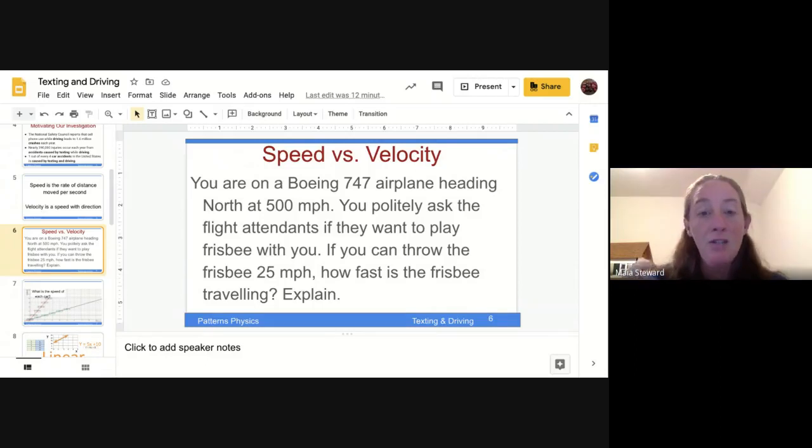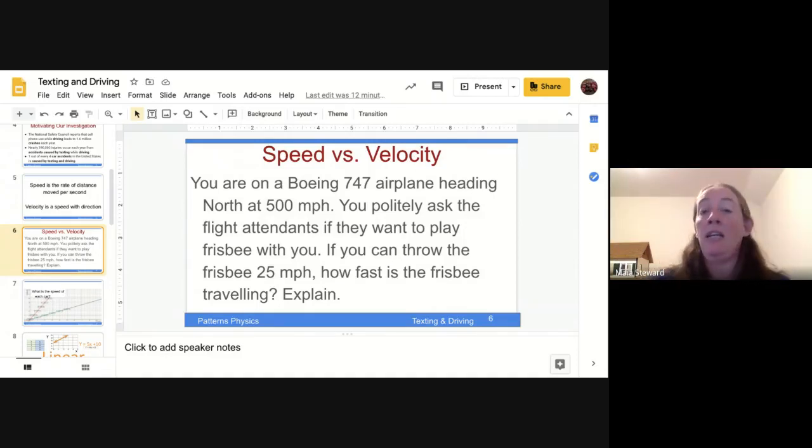How fast is the frisbee traveling? Well, you want to consider, is the frisbee traveling in the same direction as the plane or in the opposite direction of the plane? That's where velocity matters. We already know the speeds, but without knowing which direction you're throwing the frisbee, you can't actually answer this problem.